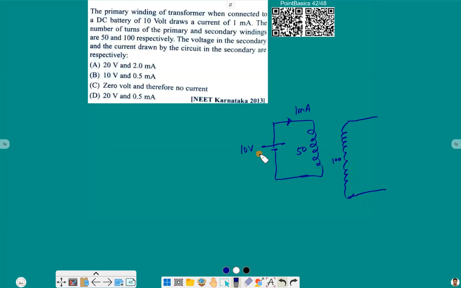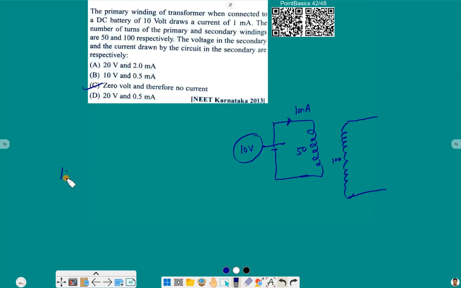So as we can see here that this is a DC source and a transformer does not work on a DC source. So 0 volt, therefore no current. Option C is the answer here. It is a slightly tricky one. If this is an AC circuit, then we know that voltage per unit turn is equal.